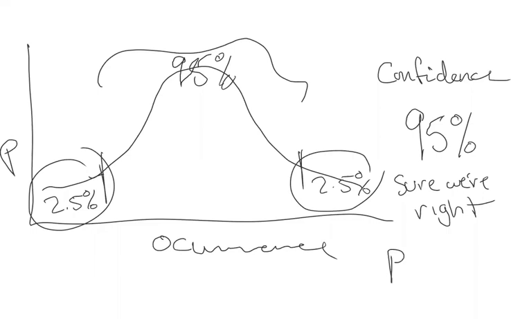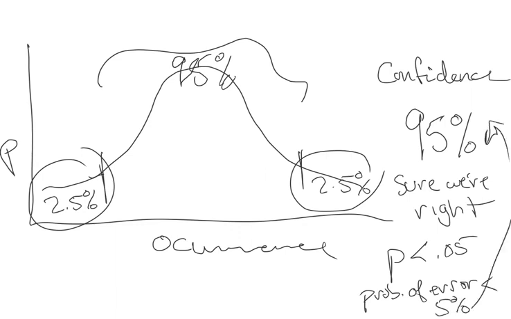Our p-value is less than 0.05, or our probability of error is less than 5%. And now you'll see here, we're 95% sure, we have a 5% chance of error. And that's the bet we're willing to take. We're not willing to take a bet until we're 95% sure that something is right.